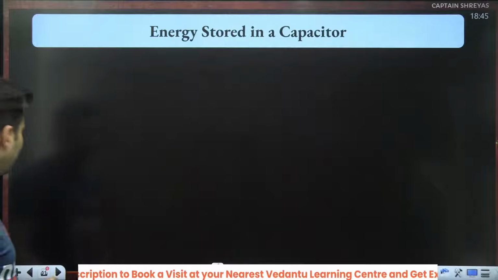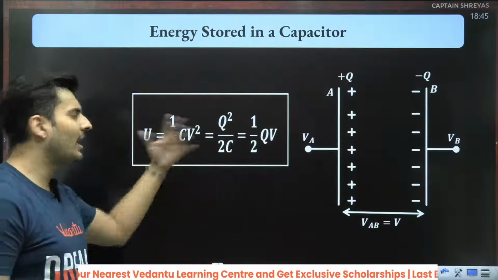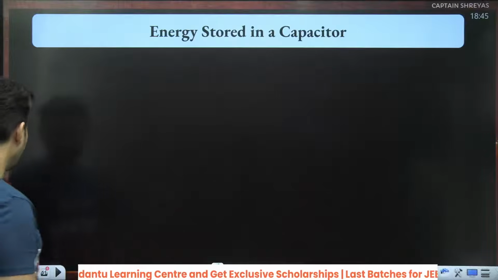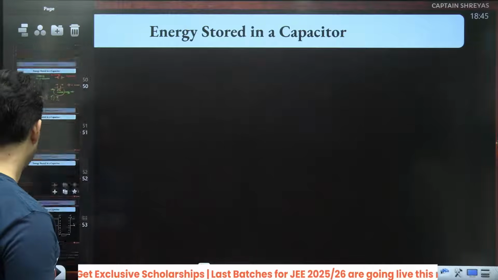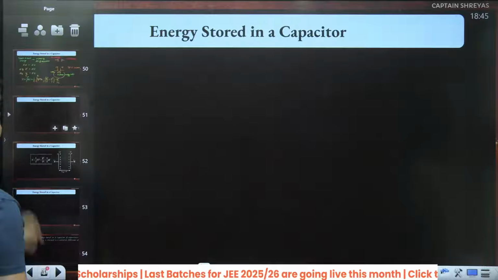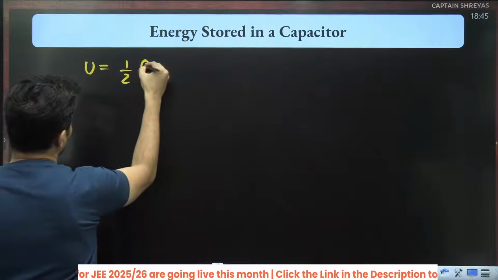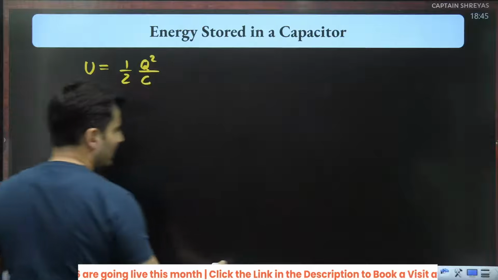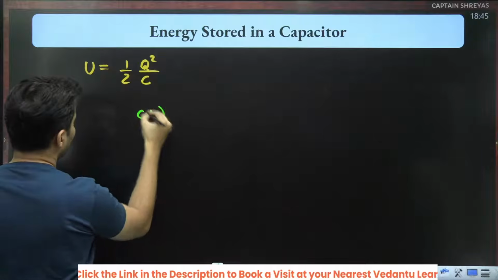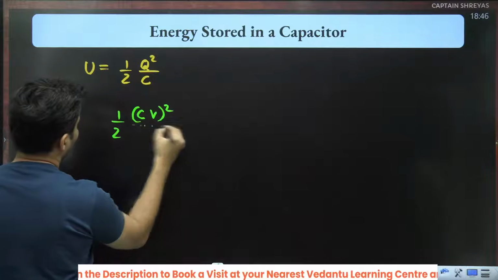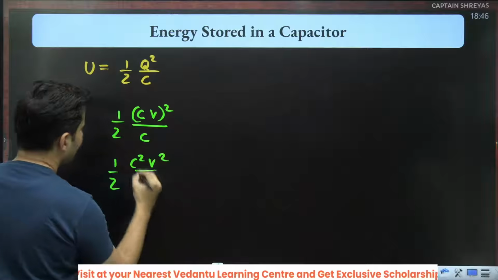You can write it in other forms also: Q square by 2C, half QV, or half CV square. How do you write that? Very straightforward. Because energy stored was half Q square by C, using the formula Q is equal to CV, it will become CV whole square, half is there, divided by C. So half C square V square by C. C cancels.